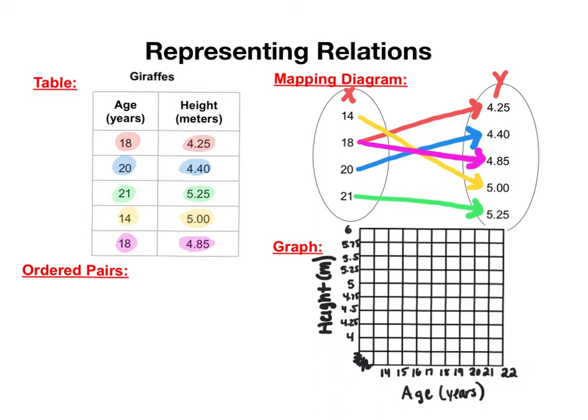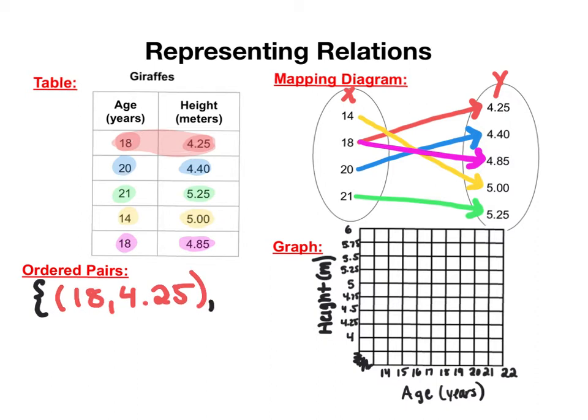Next, for the ordered pairs, I'm going to write each of these ordered pairs in a set of parentheses using brackets around them. So I'd have my bracket to represent this is the full set. Then I'm going to use my first set of information. So the 18 and the 4.25 will be my first ordered pair. So I have 18, comma, 4.25.